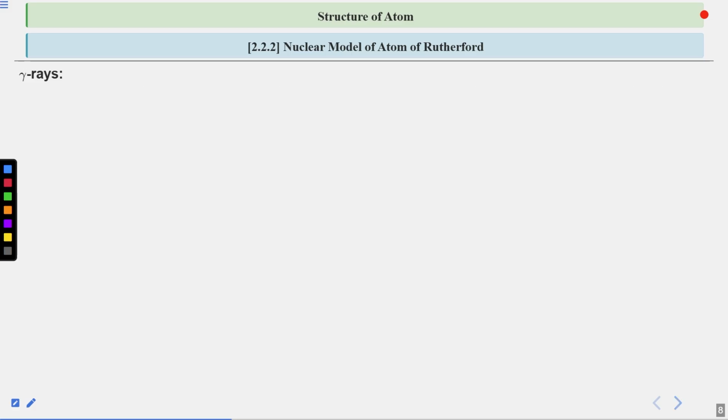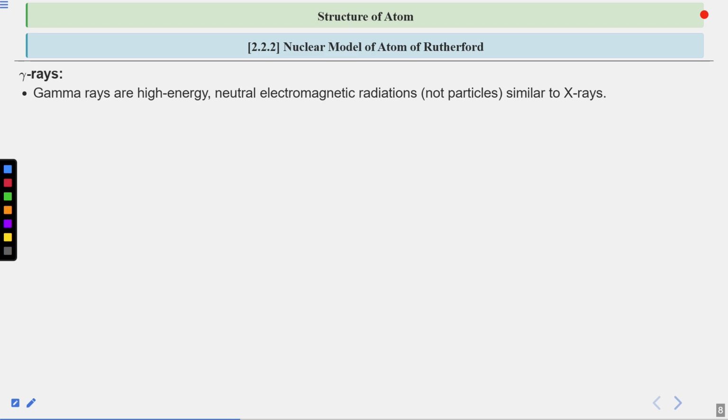Our last one is the gamma rays. Now, gamma rays do not consist of any particle. They are simply high energy, neutral electromagnetic radiations, similar to X-rays. So they don't have any charge. They don't have any mass also, right? They are simple neutral electromagnetic radiations, but of very high energy.